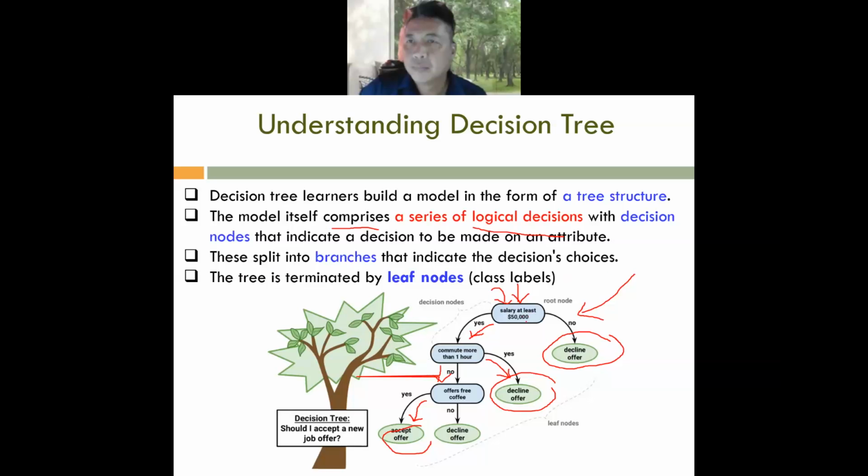So either you go left or right, or maybe you have multiple choices there. Okay. So each tree that we have is dominated by the leaf node, which indicates the label. Okay, so this is the leaf. Okay, this is the class label, whether we accept or do not accept the offer.